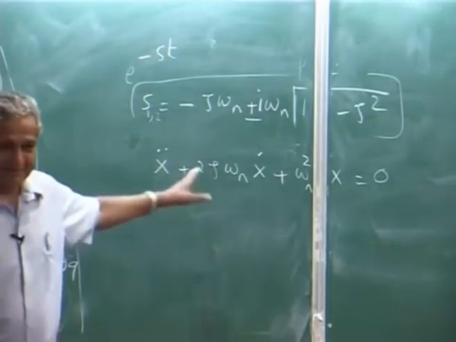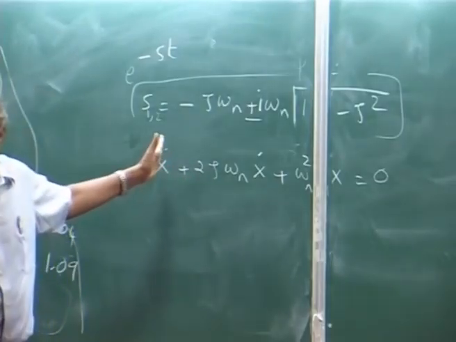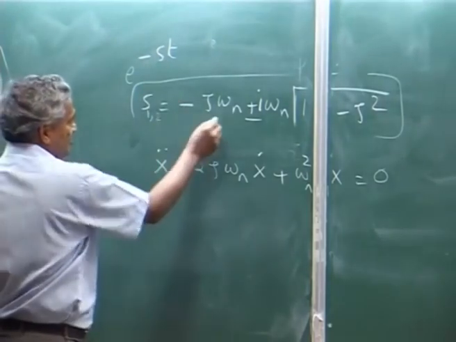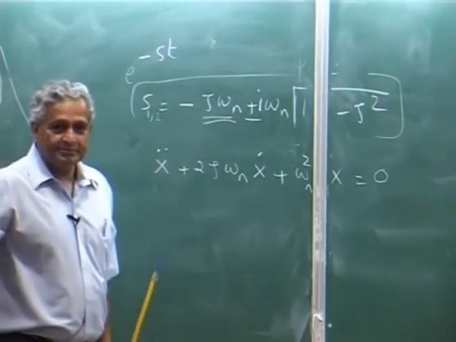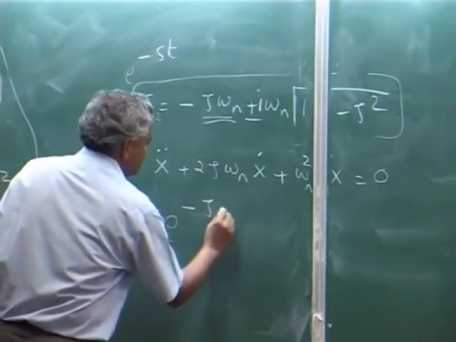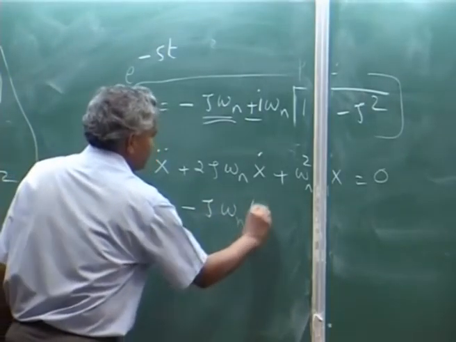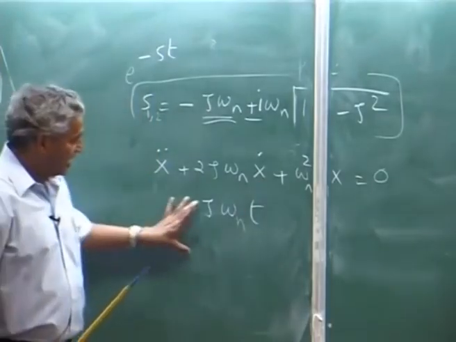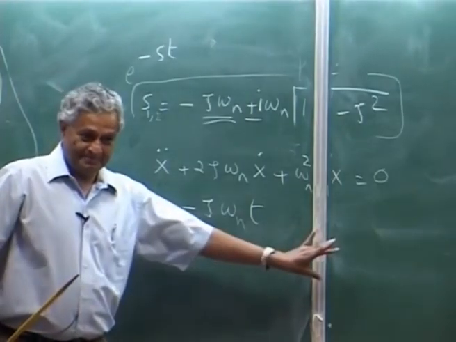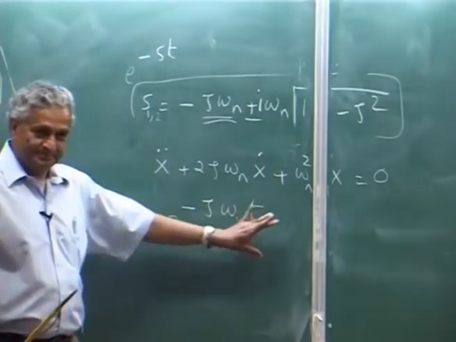This is a simple single degree of freedom damped system solution. The damping here is zeta omega n, so e to the power minus zeta omega n t is how my amplitude will decay. This is the decay term.